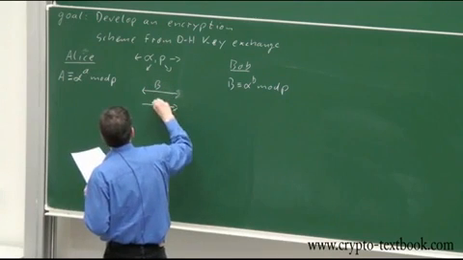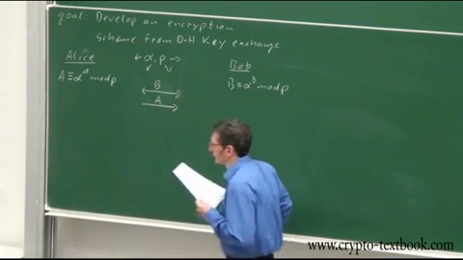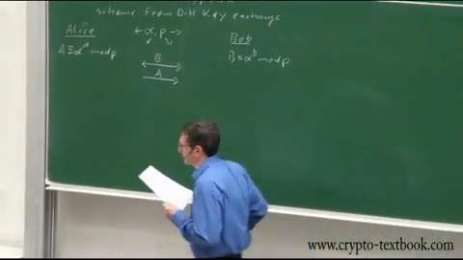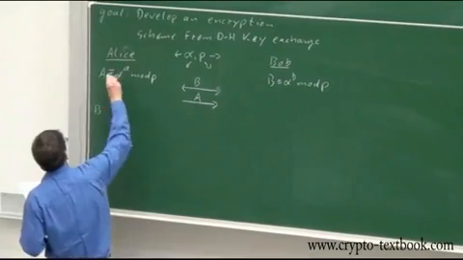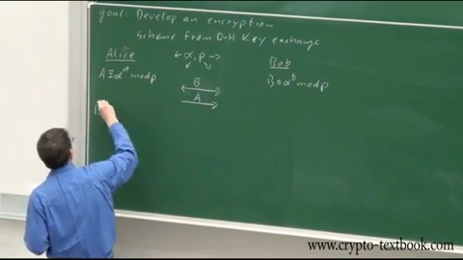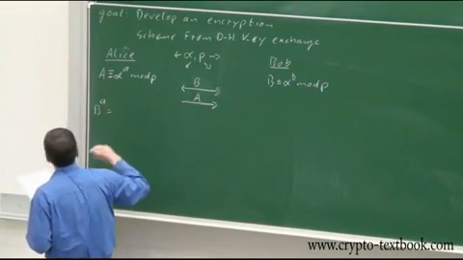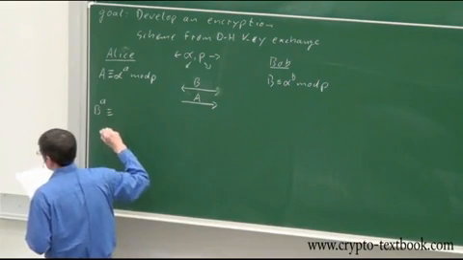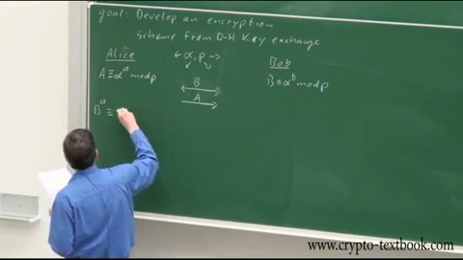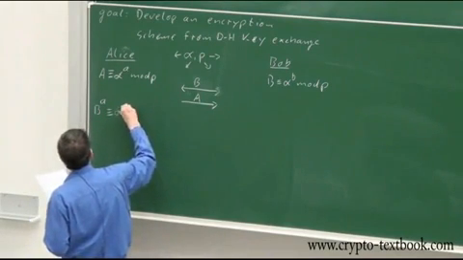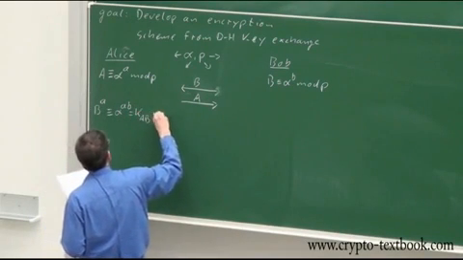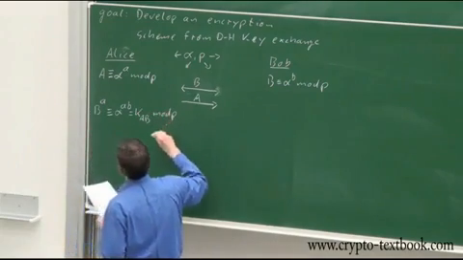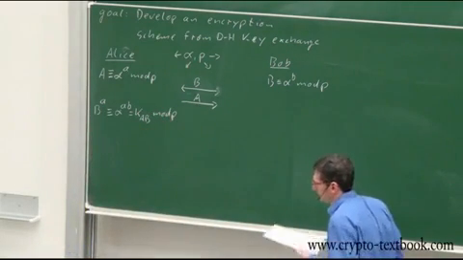Bob's key, Alice's key are going across. Now both sides compute their session key. So Alice takes the public key from Bob, raises it to her secret power, and she obtains the session key KAB.